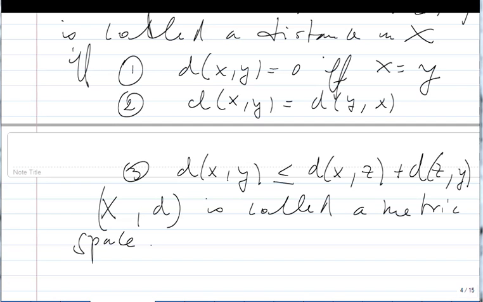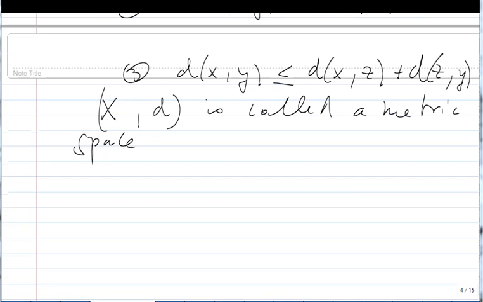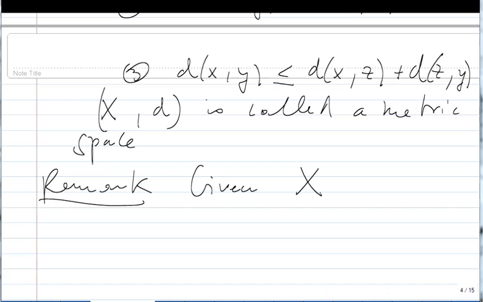Let me just make a comment here. When you are given a set X and a function d defined on X into 0 to plus infinity, for example, and the question is to check that d is a distance, in general the hardest part is number 3, the triangle inequality.